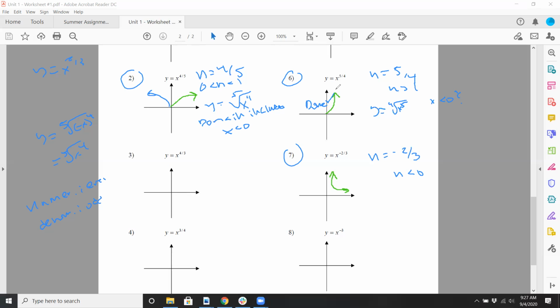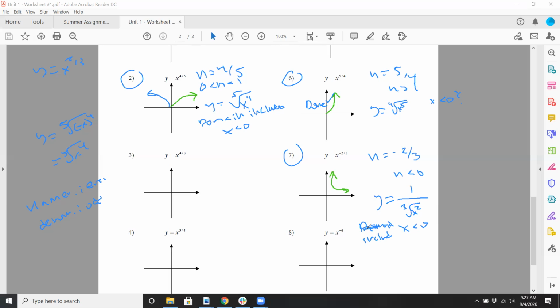Then for number 7, that's like saying y equals 1 over the cube root of x squared. So can x be less than 0? Could we plug in -1? Would that be okay? Yes. So the domain includes it. Sorry, messy handwriting.